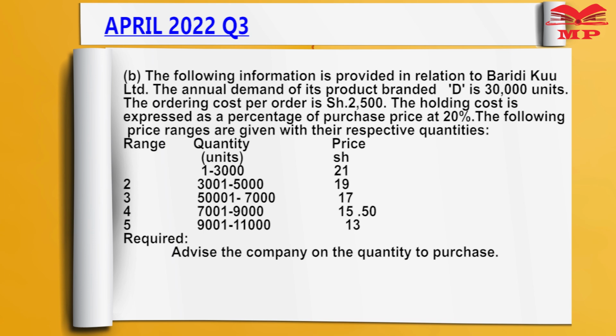The holding cost is expressed as a percentage of the purchase price at 20%. The following price ranges are given with their respective quantity. So you've been given a table showing the range, the quantities, and the price. And the question is, advise the company on the quantity to purchase.